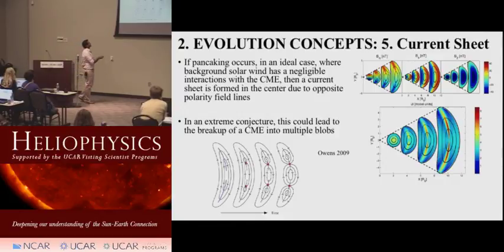And in a case like what was suggested here, in the very extreme cases, you'll get reconnection in that current sheet. And then that will get you basically islands. And what you'll have is, you had this one entire CME, maybe it's possible to disintegrate it into multiple CMEs.